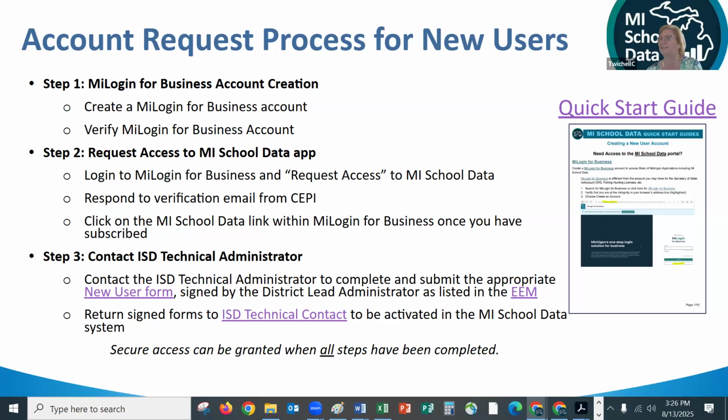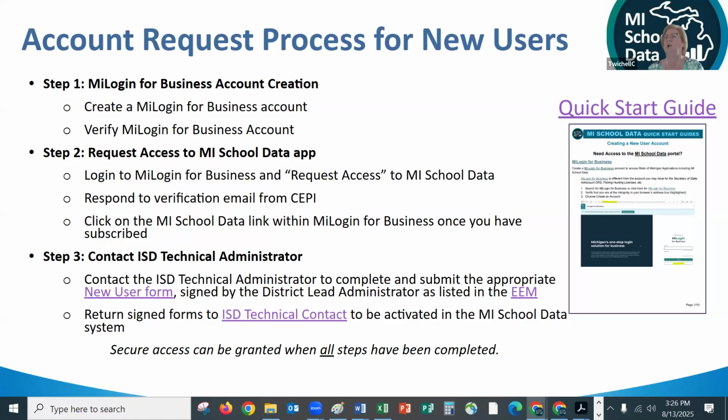They'll have to request access to the MISchoolData app, and there is a link to request access. And then they'll receive an email where they have to verify their email address. That's part of the setting up their account process.